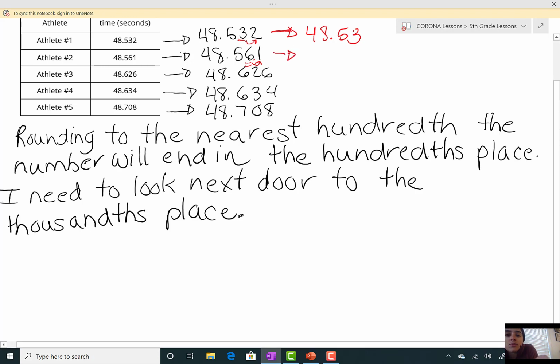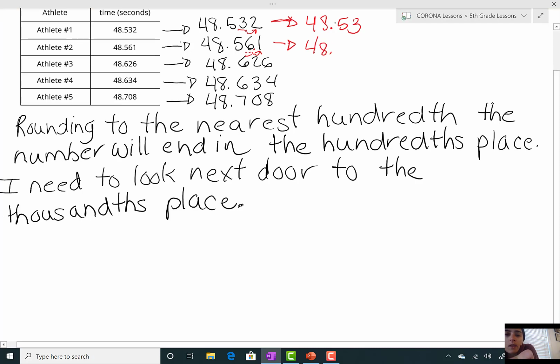So athlete 2's time is 48 and 56 hundredths of a second.